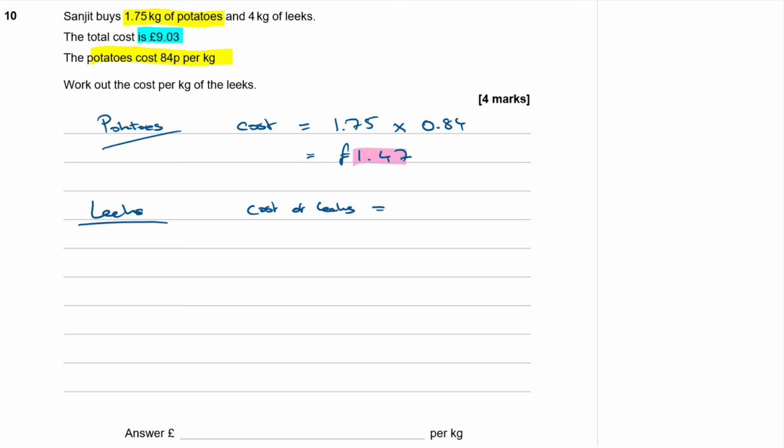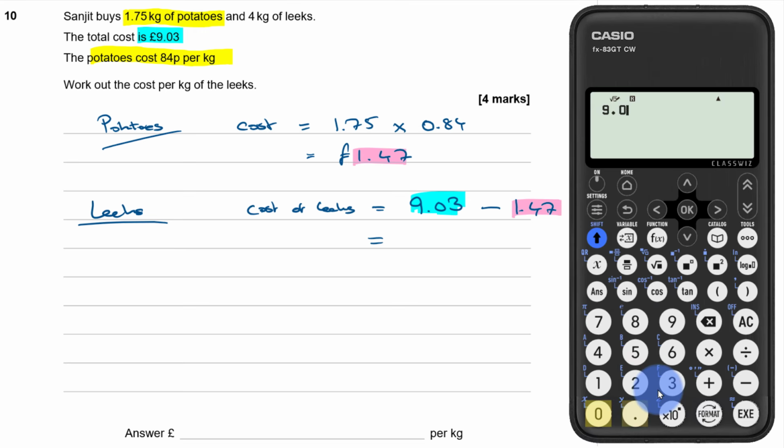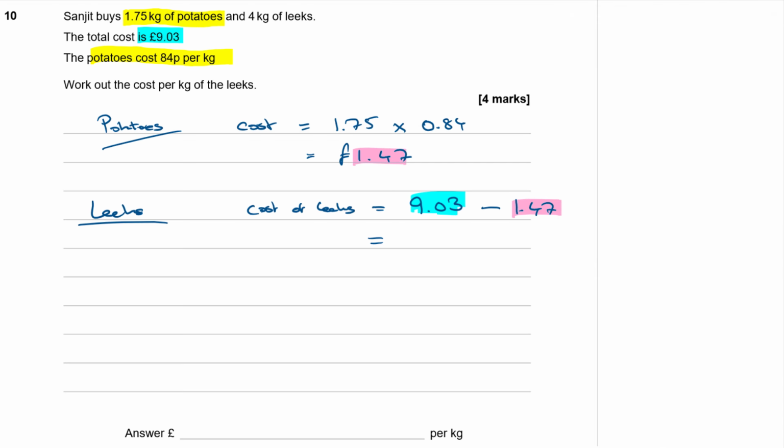So it's going to be £9.03, the total cost, minus the cost of the potatoes, which is £1.47. Okay, so that's where those two numbers came from. So what's that then? £9.03 minus £1.47. Just going to do that on a calculator. 9.03 minus 1.47. That comes to £7.56.